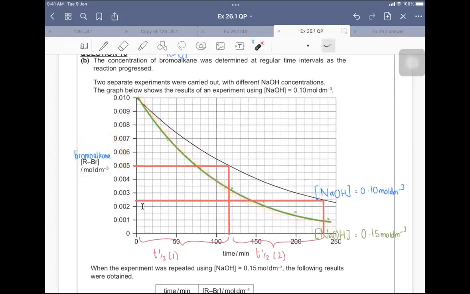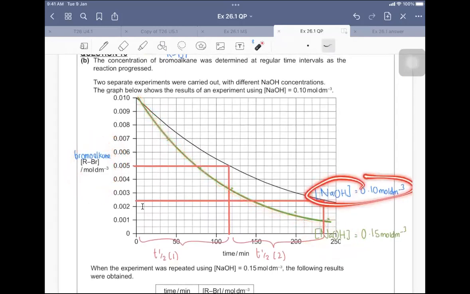The only way you can work out the order of sodium hydroxide is by using these 2 graphs, however, not its half-life. I repeat, this graph is representing the concentration of bromoalkane, not the concentration of sodium hydroxide.